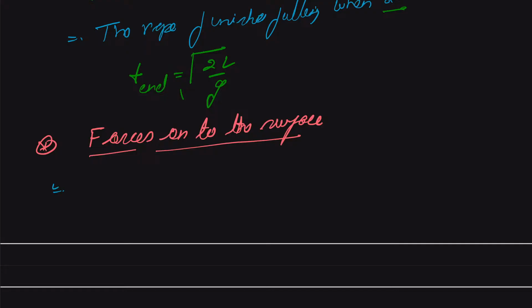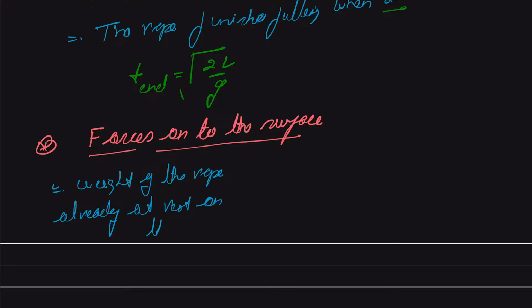In the first part we have the weight of the rope that is already at rest on the surface. Okay. And for this we know that the length of the rope which is already at rest on the surface is x.